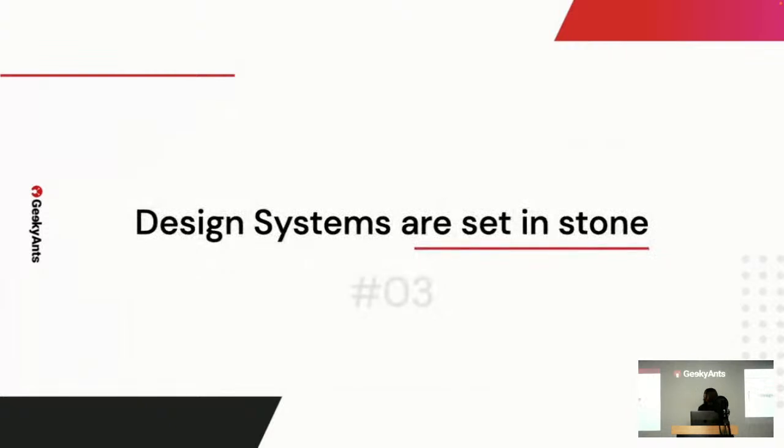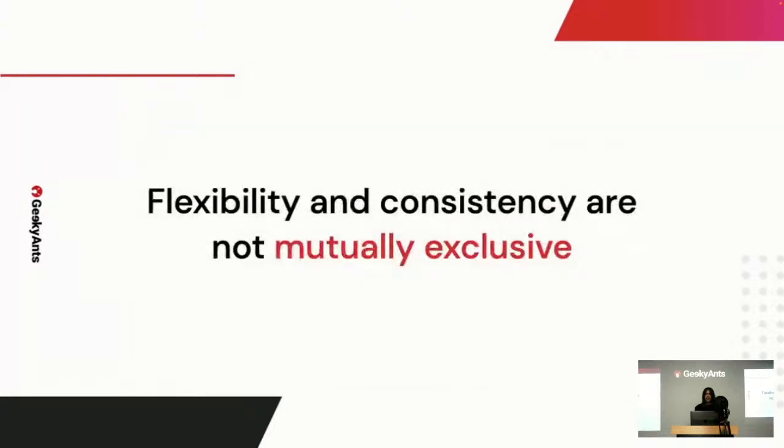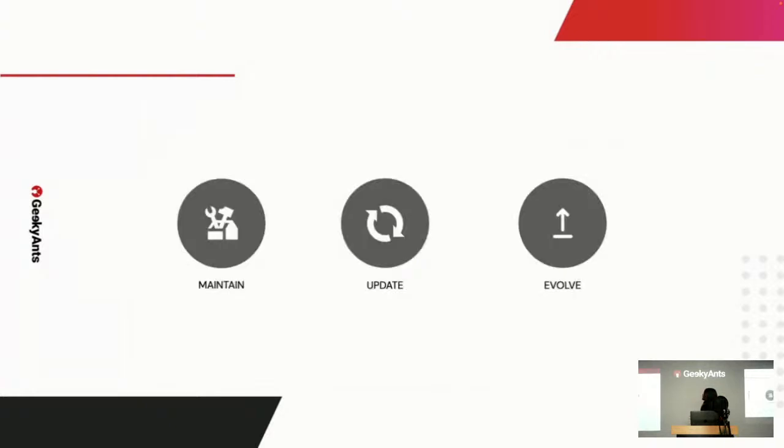Now, coming to the third myth around design systems, that design systems are set in stone. It's a fact that design systems are built in response to inconsistencies, but we also need to understand that flexibility and consistency are not mutually exclusive. The goal of a design system is not just to guide the initial product development.